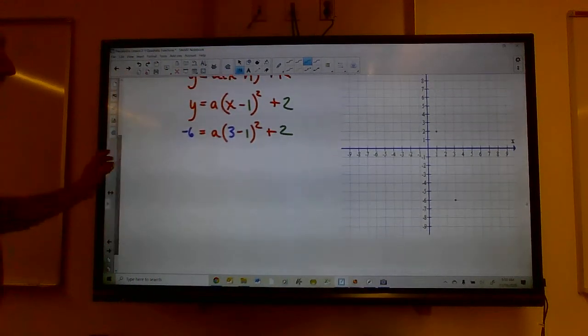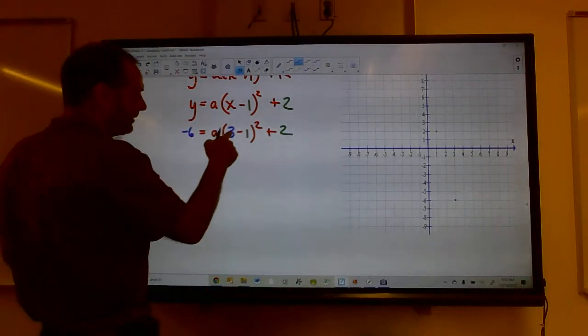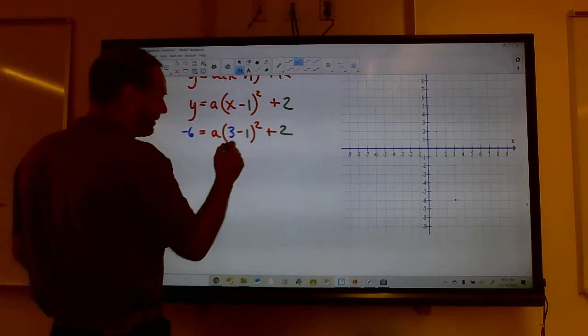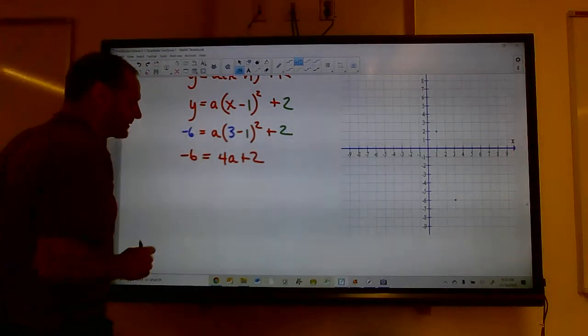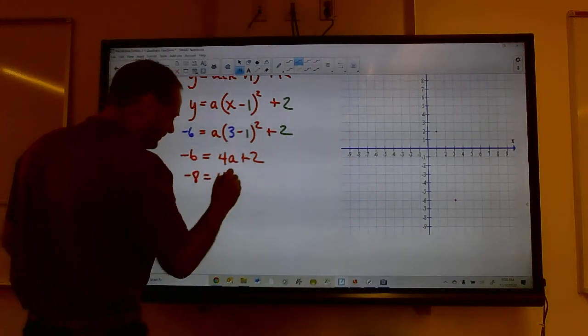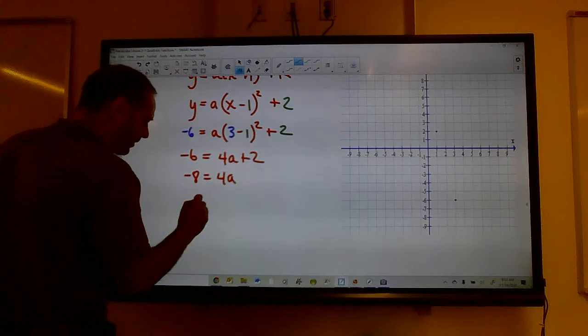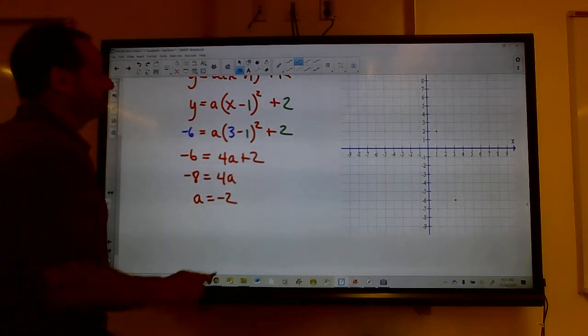Now I've only got one variable. I can figure out what A is. So I know that 3 minus 1 is 2, squared is 4. So this is 4A plus 2 is negative 6. I can subtract 2 from both sides, and I can divide by 4, and I get A is negative 2. So now I can write my equation.